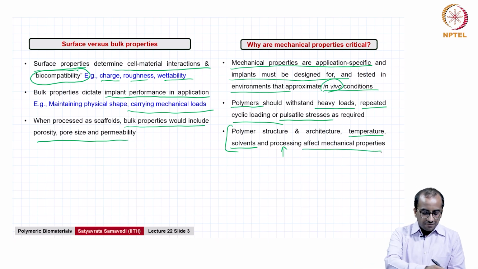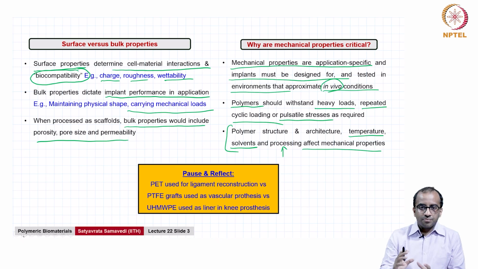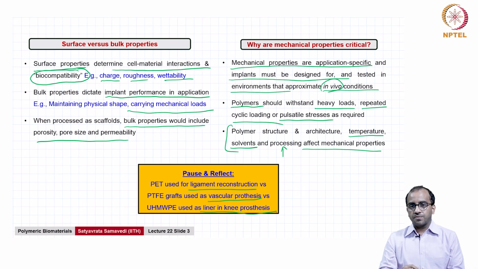Now, before we proceed further, just to pick your brain a bit, I would encourage you to pause now and reflect on 3 different polymers for 3 different applications. One is for ligament reconstruction, one is to be used as a vascular prosthesis, the other is a liner in knee prosthesis.